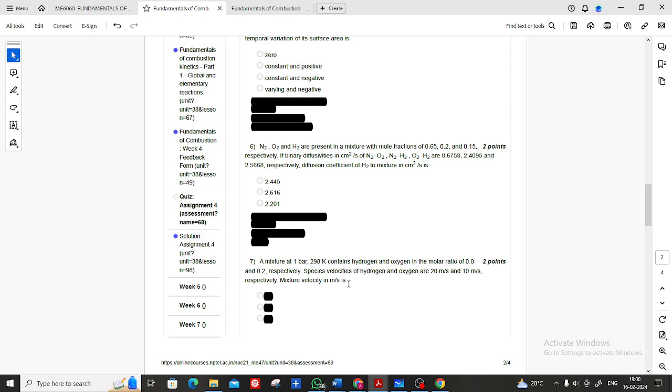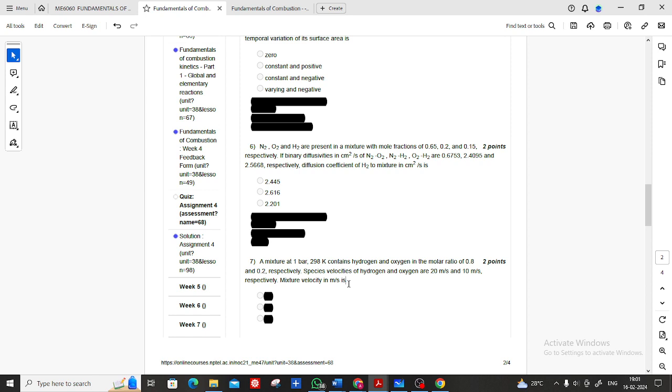Sir, first of all, we have to calculate the mass fraction. The molar ratio is given. Yes, you have to calculate the mass fraction. First we calculate the molecular weight of the mixture, and then we can get the mass fraction of each species.